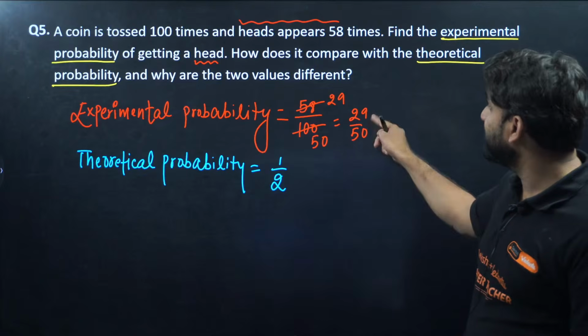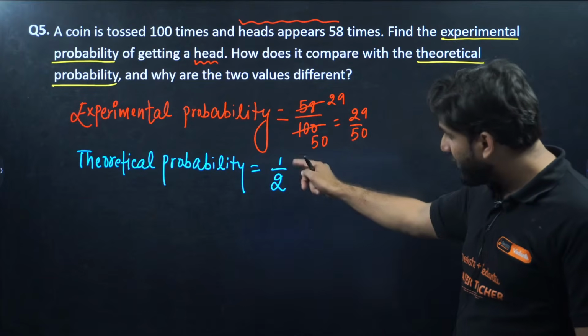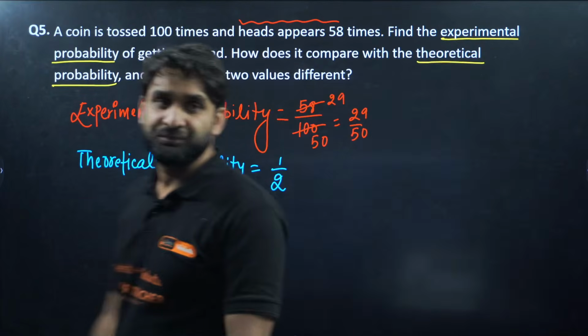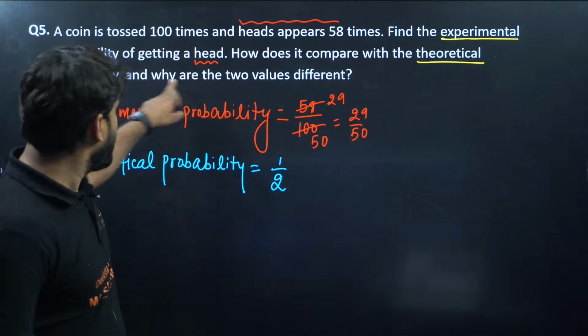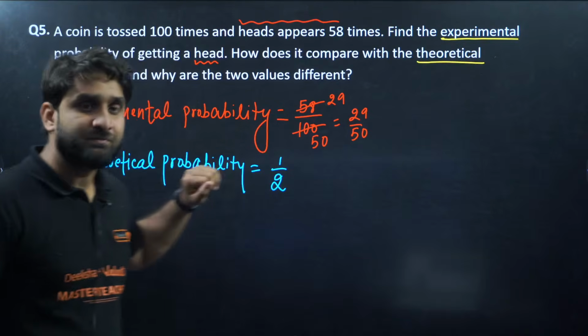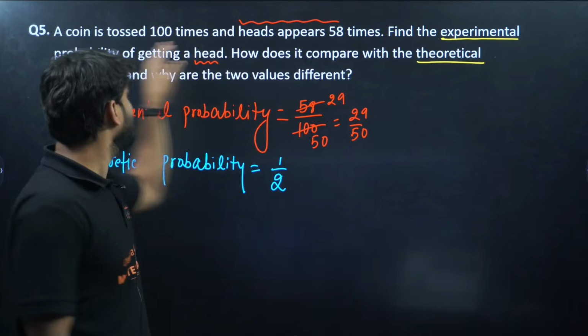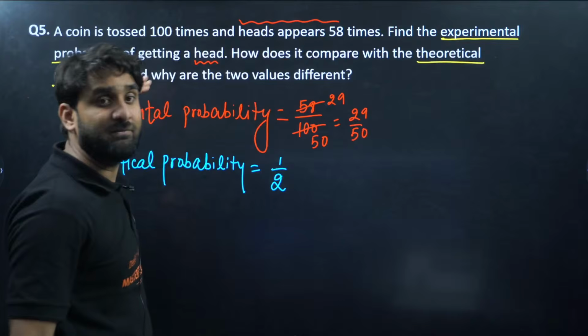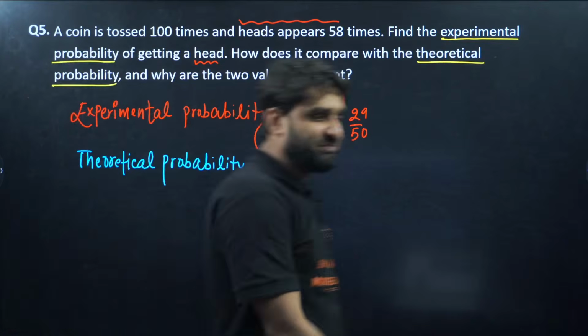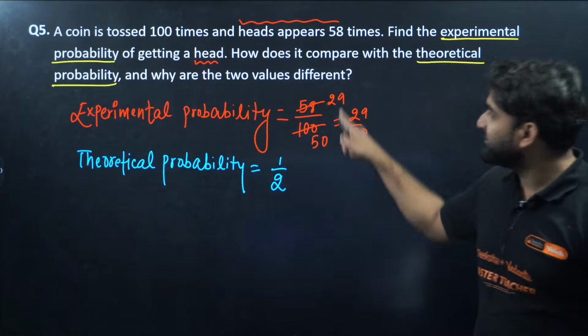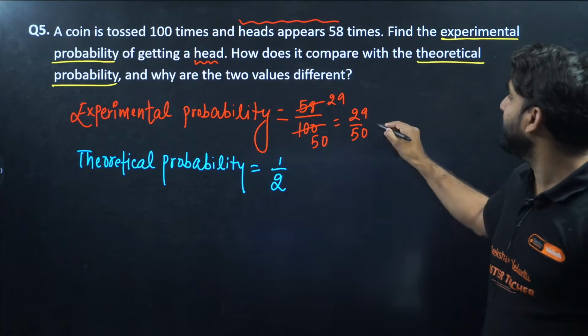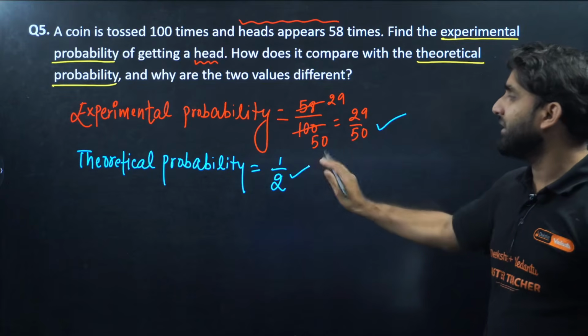So this is called experimental probability, and this is called theoretical probability. And why are the two values different? Because here the total number of outcomes is 2, while here the same procedure is repeated so many times, 100 times, and this is for a single coin. Clear, everyone? So this is experimental probability, 29 by 50, and this is theoretical probability.